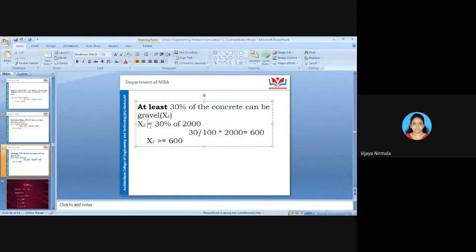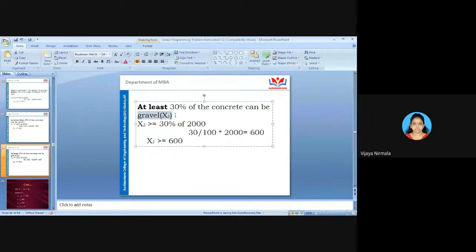How do you have to write "at least"? At least means minimum 30%. Other than that it can be more also. At least, in the sense, you compulsorily have to do 30%, and other than that also you can do. That's why here, regarding which one are we writing?